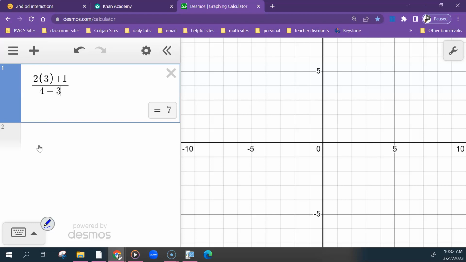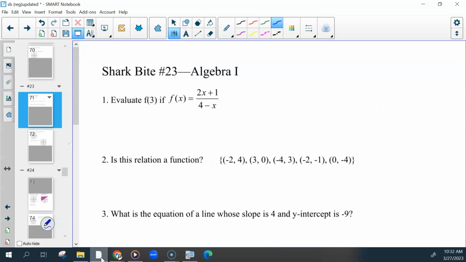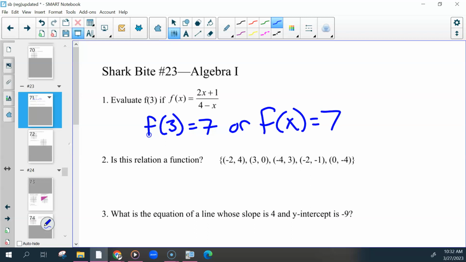F of 3 equals 7, or f of x equals 7, either or. If it had said f of x equals 3, that would have been y, then you would have to solve for x.